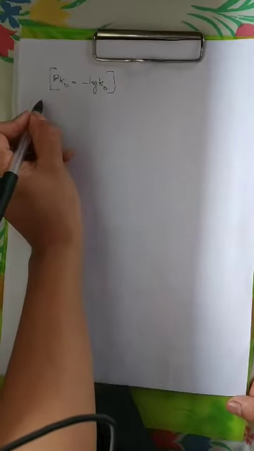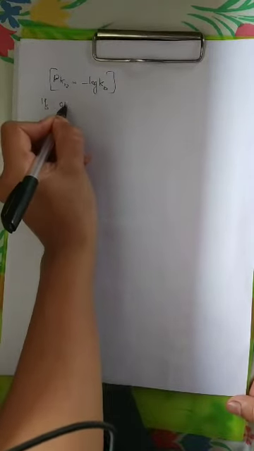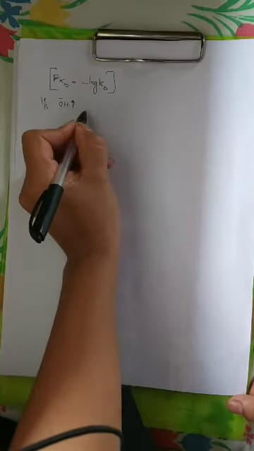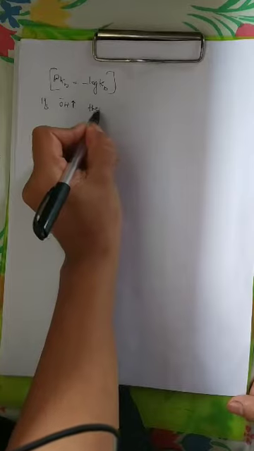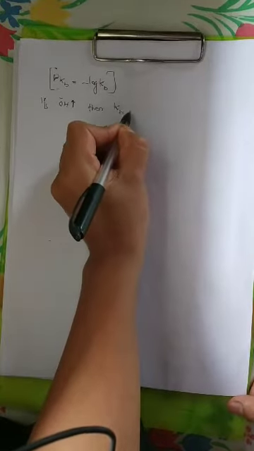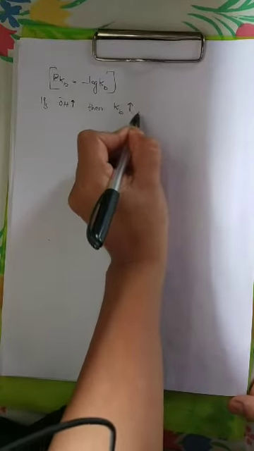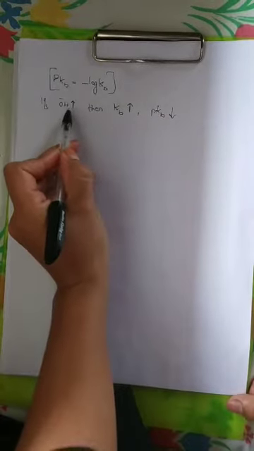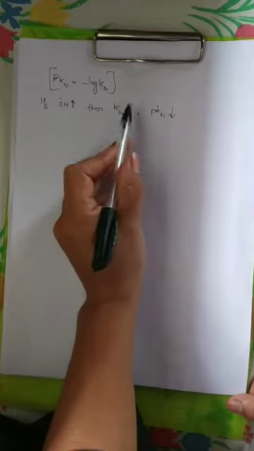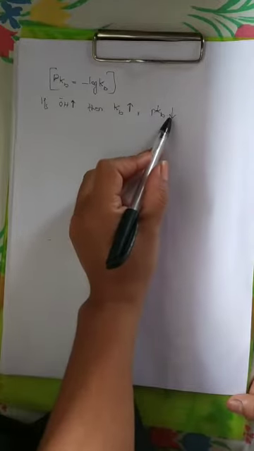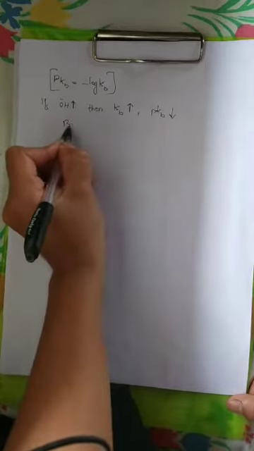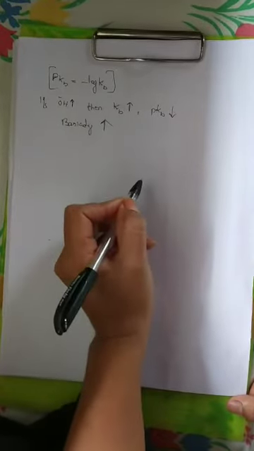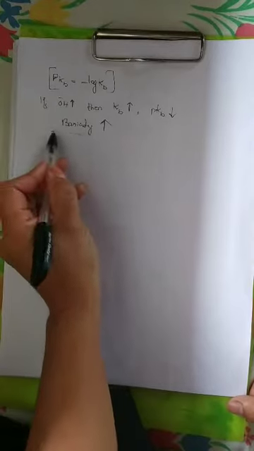Now if the concentration of OH minus increases, then the Kb value will also increase, but the pKb value will decrease. Now this will result in the basicity increasing.